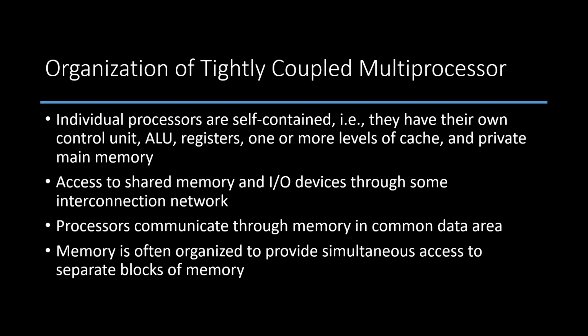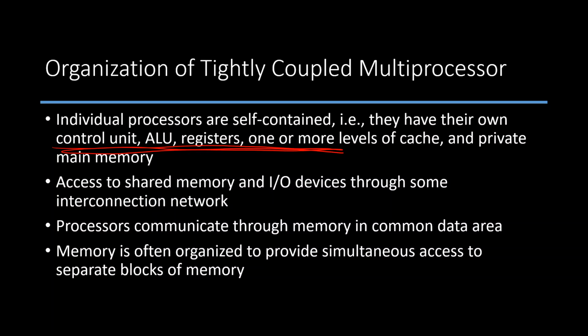Now, we are going to talk a little later about the physical organization of a tightly coupled system. But as far as the overall organization of a tightly coupled multiprocessor or SMP system, each core really is an independent unit, with its own control unit, its own ALU, its own cache, and its own private main memory.